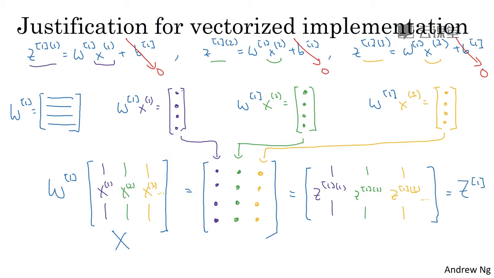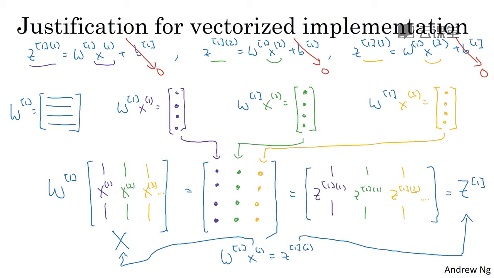And so this is just our matrix capital Z1. So I hope this gives a justification for why, when we had previously W1 times xi equals Z1i, when we're looking at a single training example at a time, when you took the different training examples and stacked them up in different columns, then the corresponding result is that you end up with the z's also stacked up in columns.